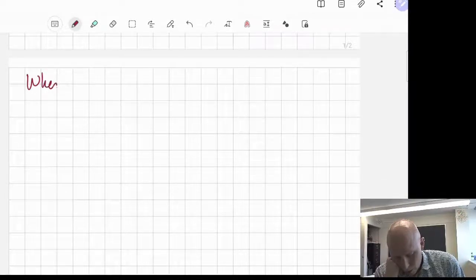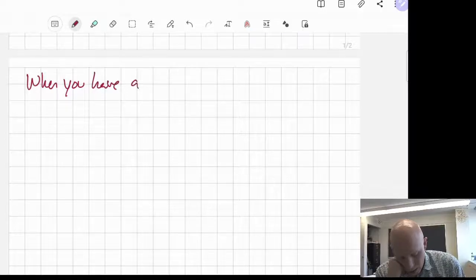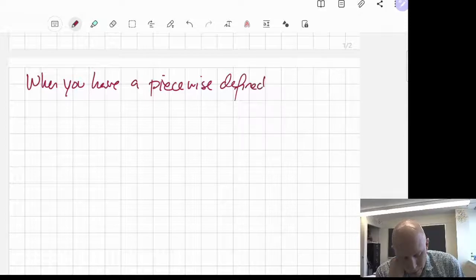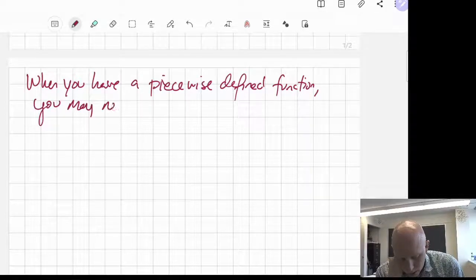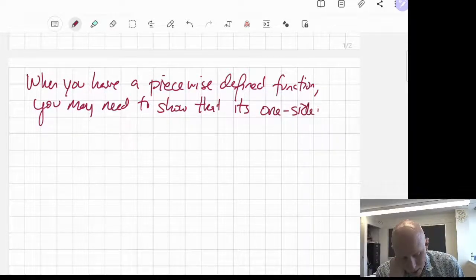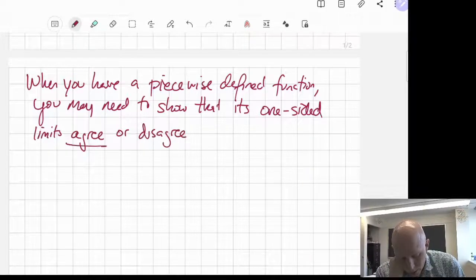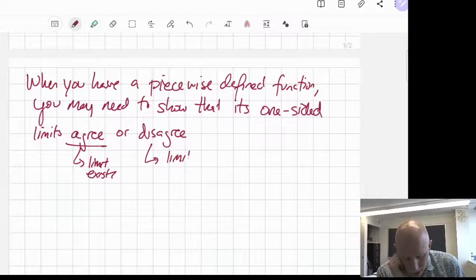So when you have a piecewise defined function, you may need to show that its one-sided limits agree or disagree. If they agree, then that shows that the limit exists. If they disagree, then that shows the limit doesn't exist.